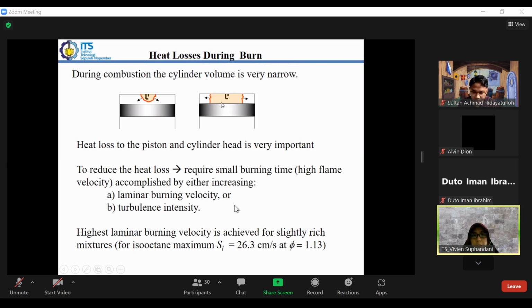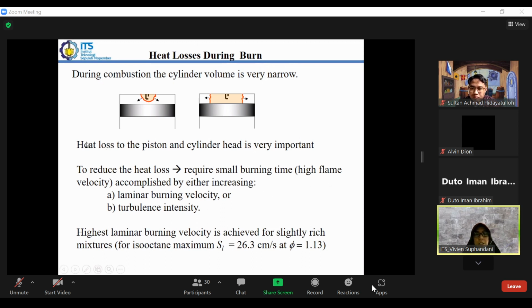So it is very important to look at the heat loss, because heat loss is also a cause of efficiency reduction.